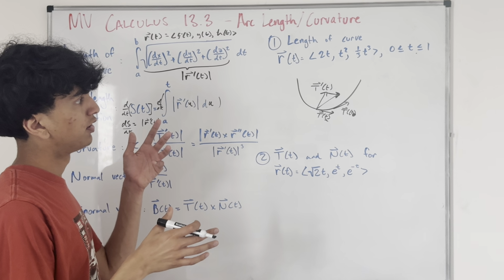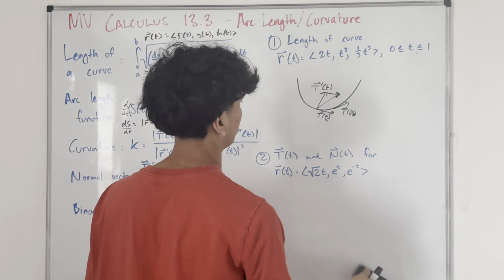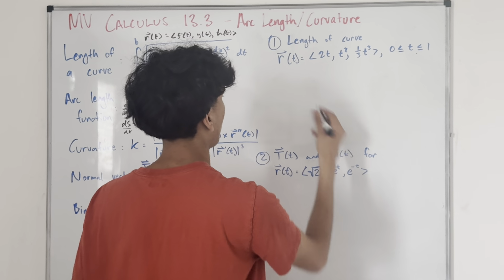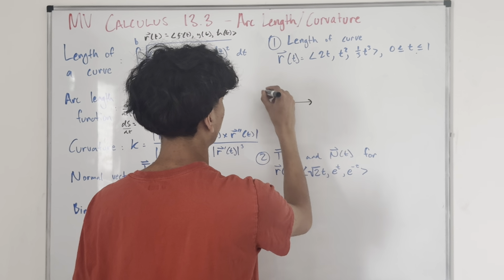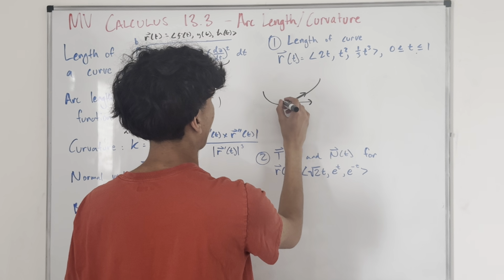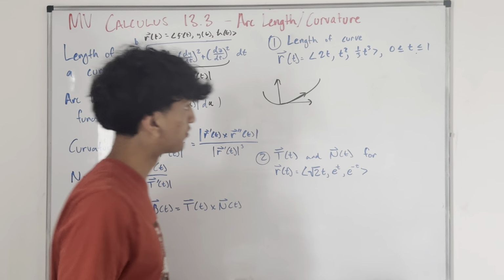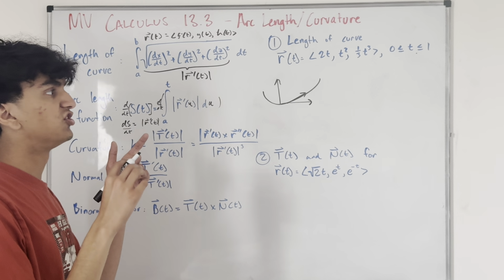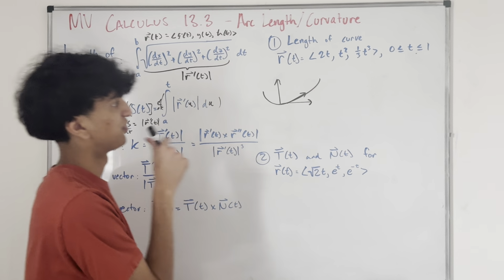So, wait, that doesn't make much sense. Let me explain that further. The idea is that over really small time intervals, to get a tangent vector to go from here to kind of like this, you need to have a derivative like that. This is hard to explain.